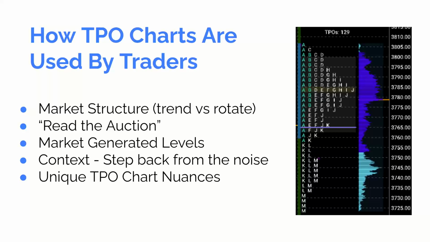And I'll get into the software here not too long from now, and I want to show you some things on that, but a few more slides before we get to that point. So how are TPO charts used by traders? If you're new, you might be wondering how someone uses it. When I first saw these things, I saw letters and I'm like, why am I looking at letters when I'm trading prices?